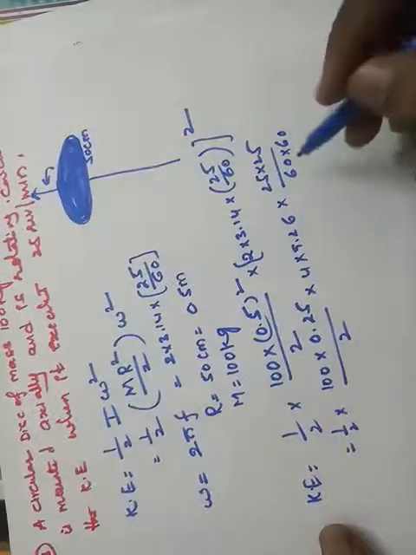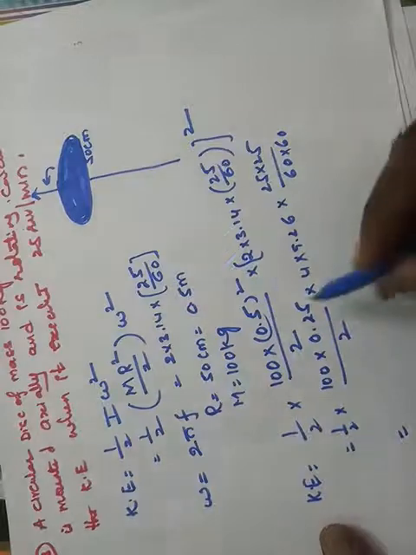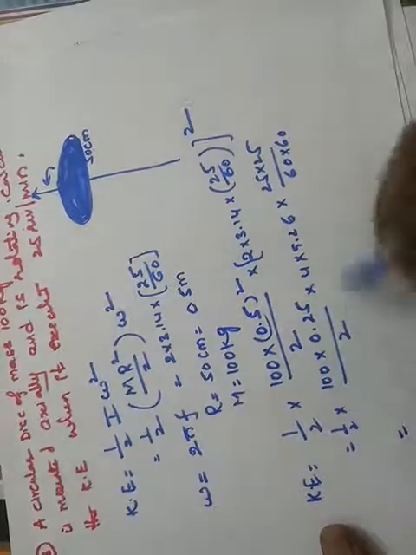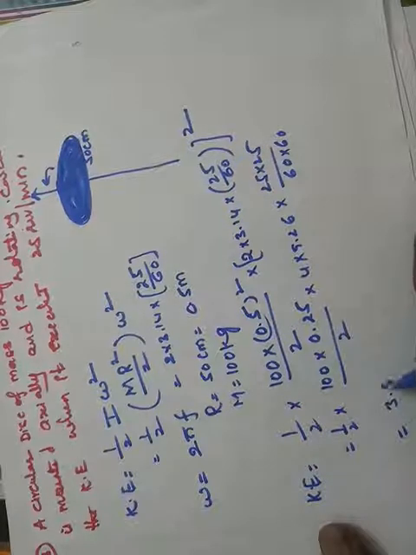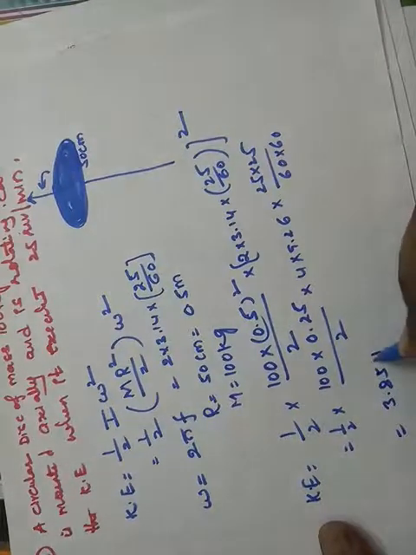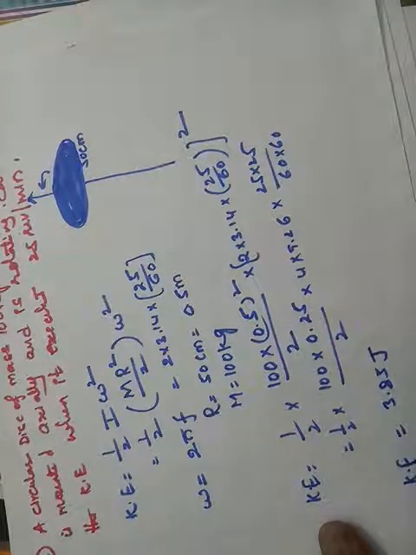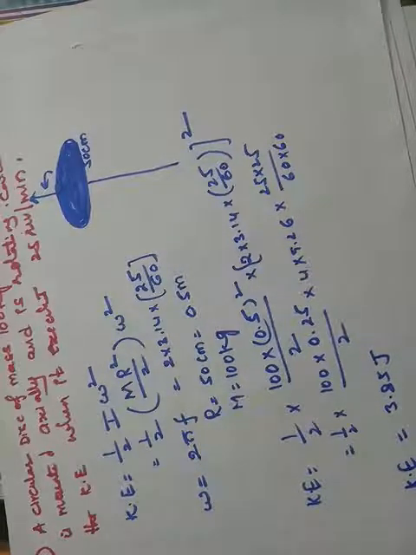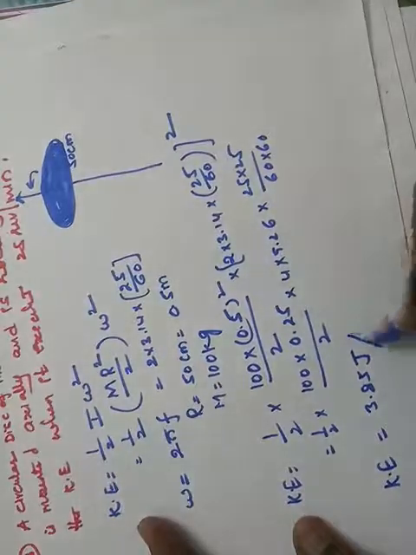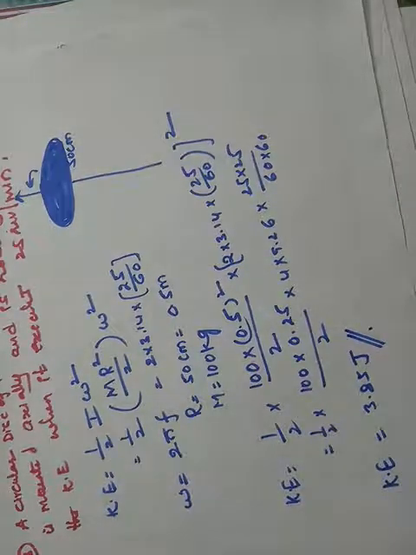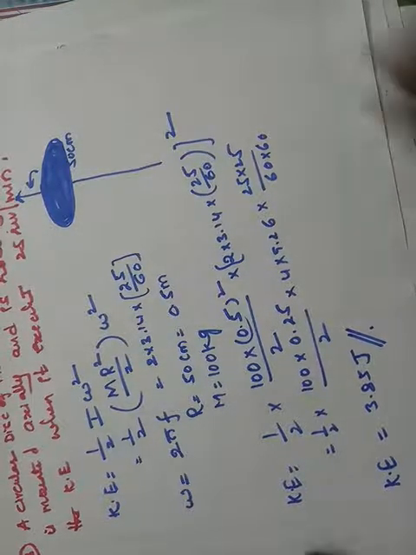Okay, so finally solving this one, we'll get 3.85 joules. So the kinetic energy of that axially rotating disk is 3.85 joules. So in this way we'll solve this problem.